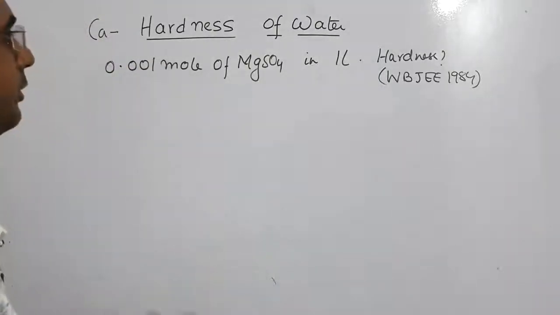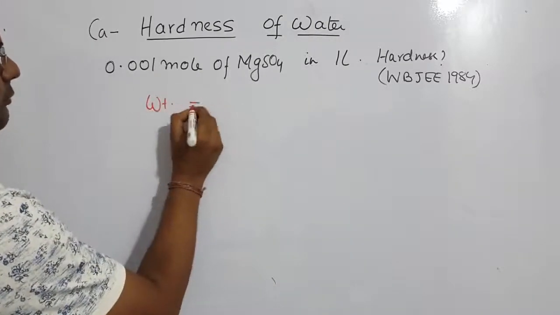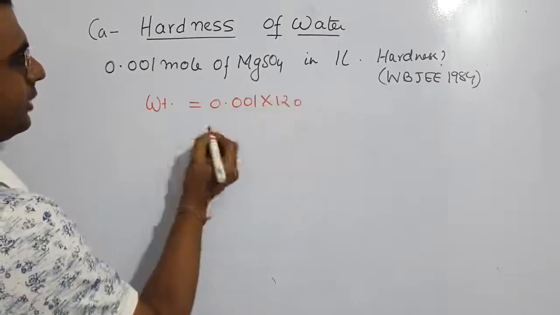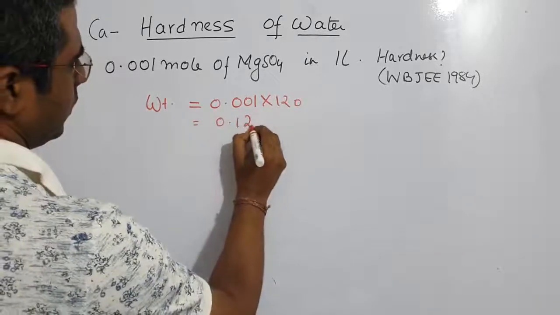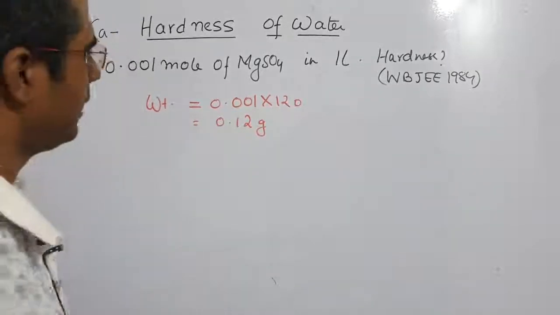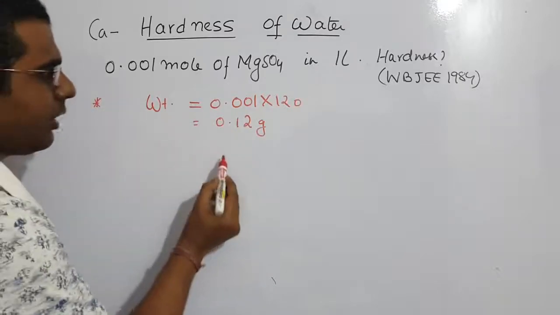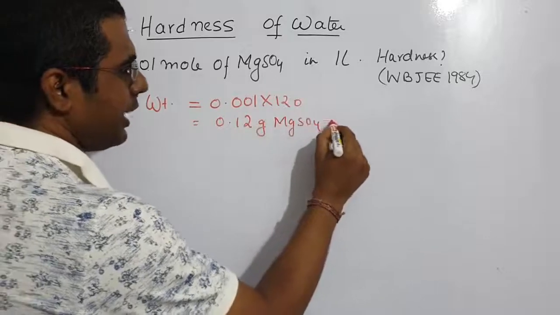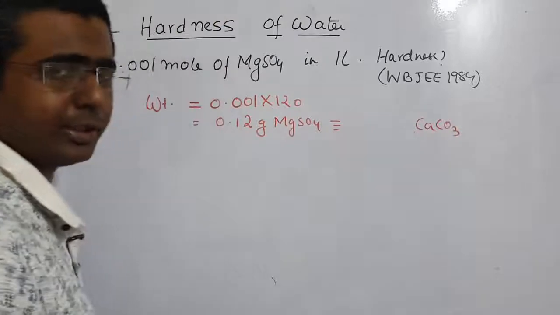So how do you do it? First of all you need the weight of MgSO4. So the weight of MgSO4 will be how much? 0.001 into 120, right? So it will be 0.12 gram. This is the weight of MgSO4. Done. Now what should be our next step? I need to convert this weight of MgSO4 to equivalent to some weight of CaCO3, right? And definitely I can do that.